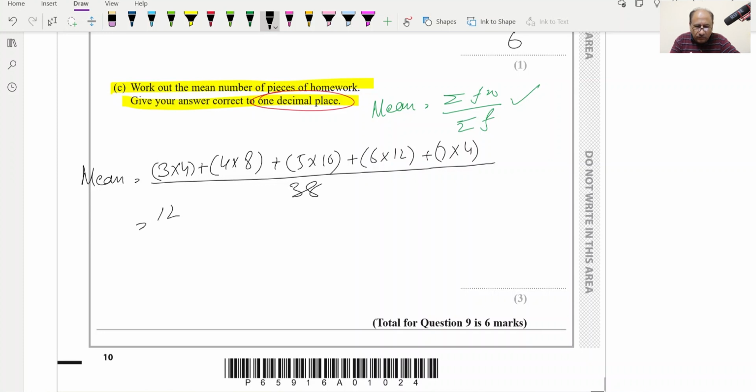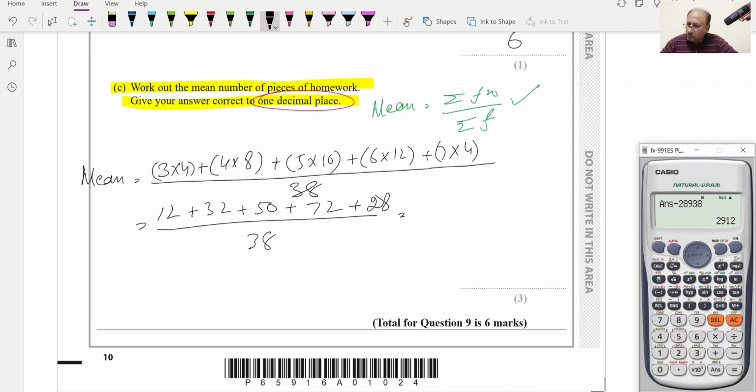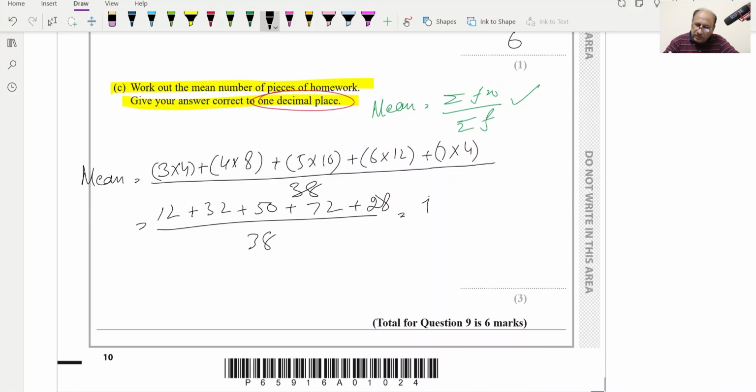Now we can write this one. 4 3s are 12, 8 4s are 32, and this will be 5 times 10 are 50, plus this will be 72 plus 28 over 38, and this will be equal to, we can use calculator. So it will be 12 plus 32 plus 50 plus 72 plus 28 divided by 38, and this is equal to 97 over 19.